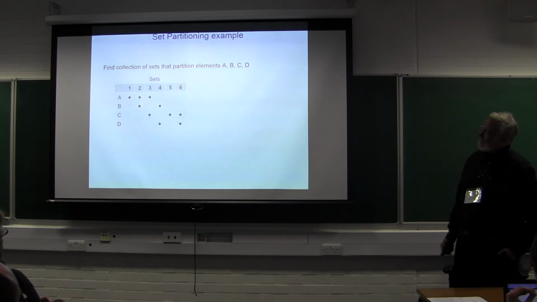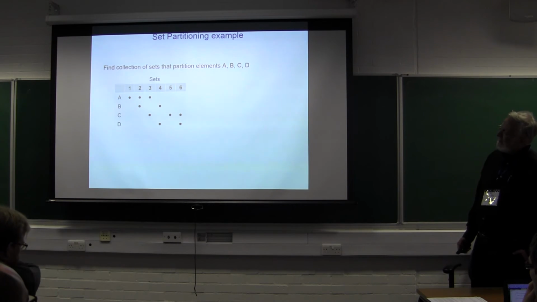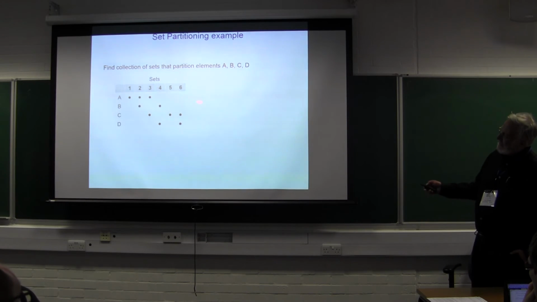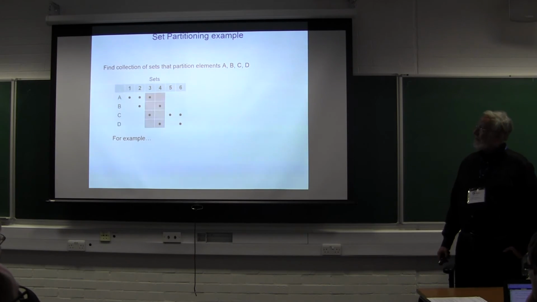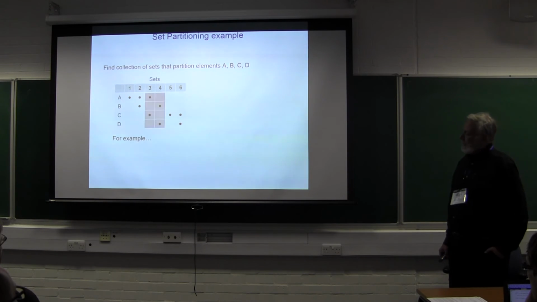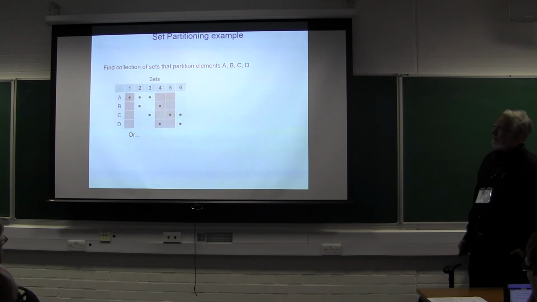So we'll use a set partitioning example. This is similar to a set covering problem, except that we want to take a subfamily of these sets that partition the elements. So here's an example. The sets' union contains A, B, C, D, but it's a partition. And here's another example, 3 sets. Okay, so this is the set partitioning problem.